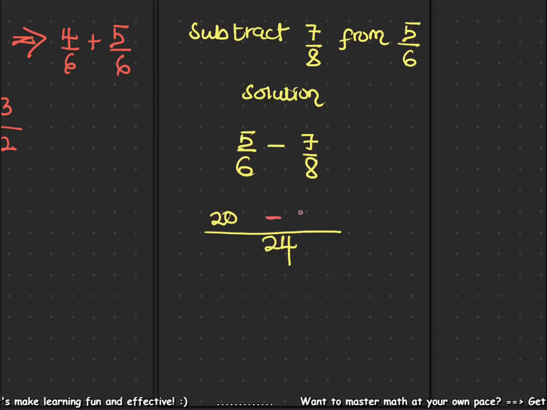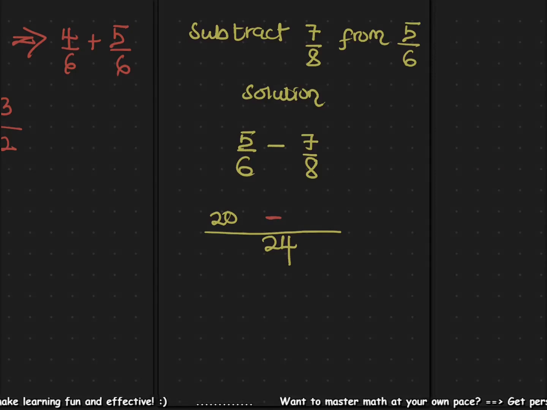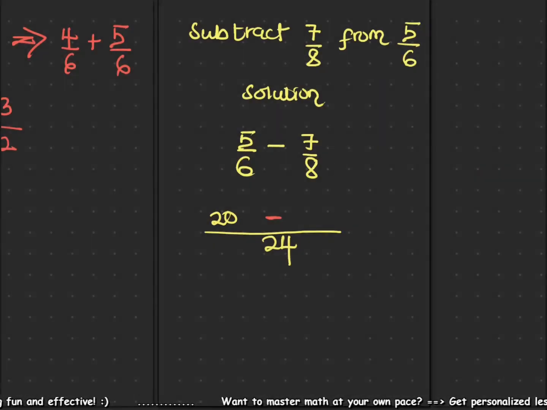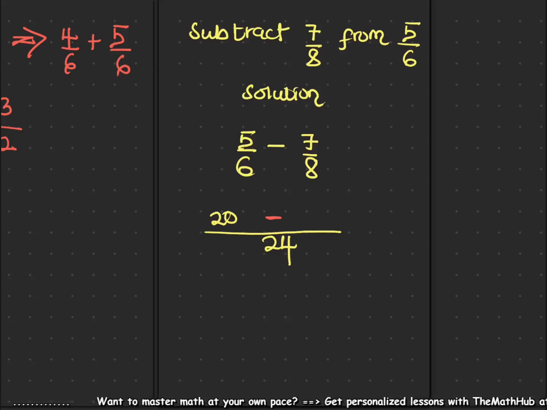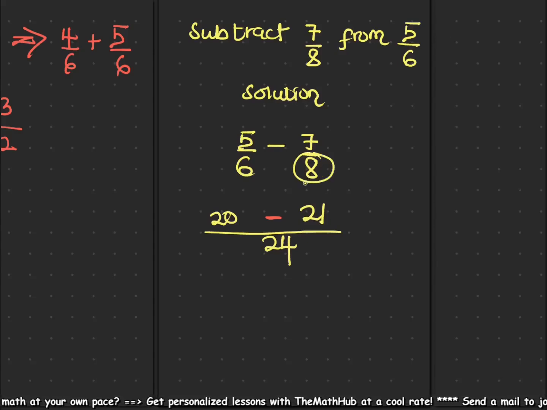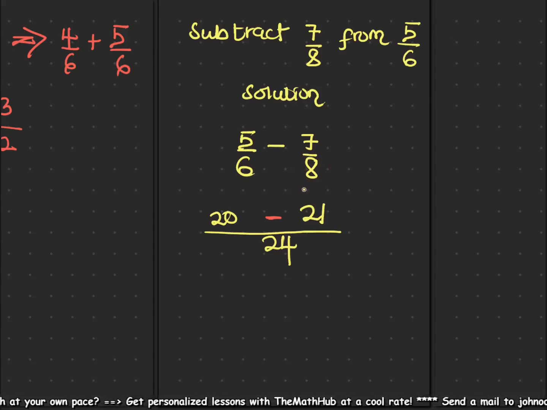Then minus, not forgetting our sign, minus. 8 divides 24 how many times? That is going to give us a 3. So the 3 multiplies 7, this 7 here. 3 times 7 gives us what? A 21. I'm taking that again. 24 divided by 8 is 3.